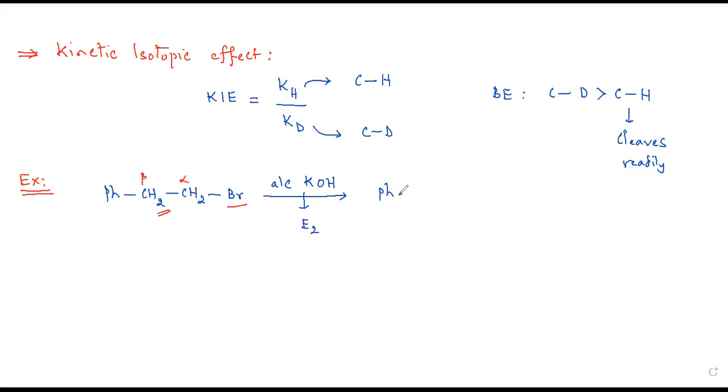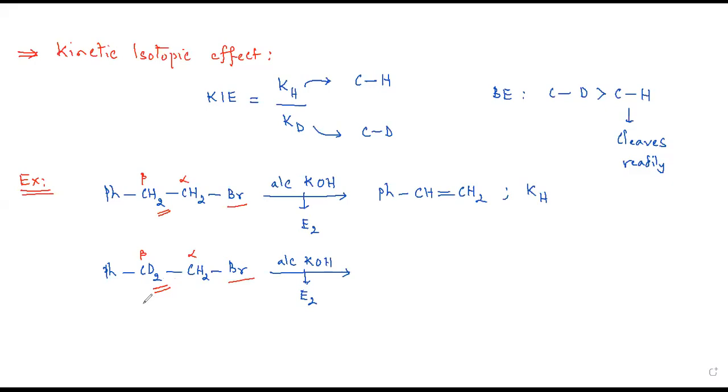Then we get PhCH=CH2. Let me call this kH. Similarly, if we consider the heavier isotope deuterium, of course, bromine goes off, alpha, then this.